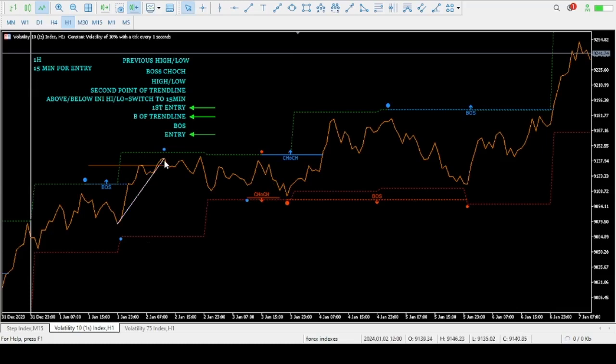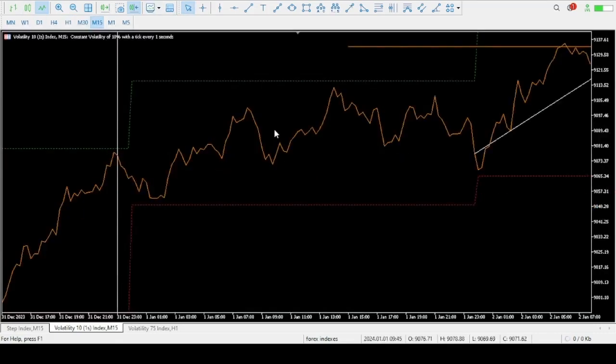Now we go above. As we go above, we switch to 15 minutes because this is the 15 minutes hunting zone. This area that I highlighted, we're going to switch to 15 minutes.